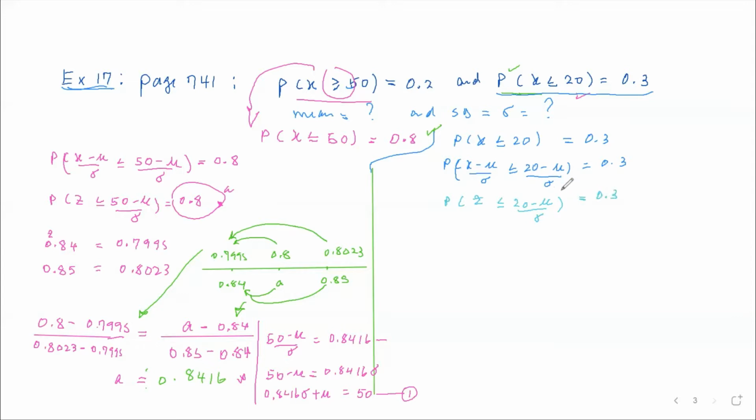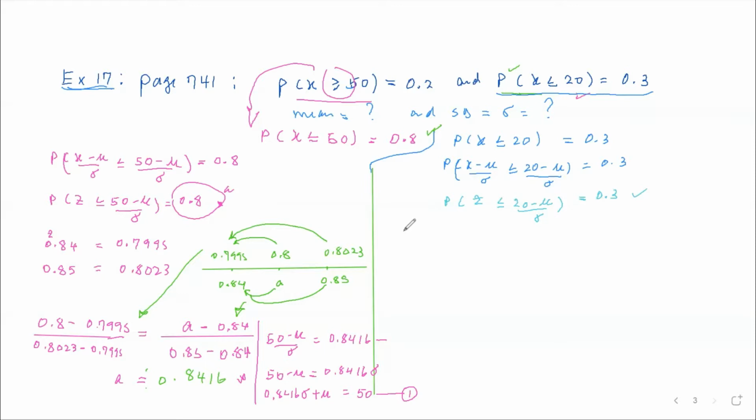Then again, you go back to read the table for the probability area under the curve 0.3, to find the Z score. But we can't find exactly 0.3. Again, you find it in between.